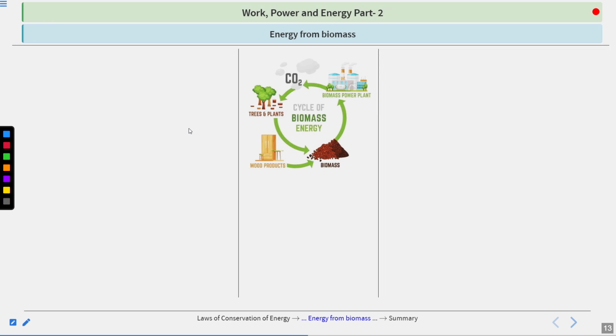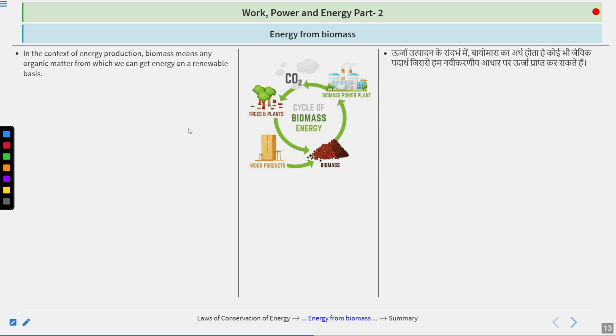Now, if we talk about the energy from biomass, how is it obtained? In the context of energy production, biomass means any organic matter from which we can get energy on a renewable basis. That is biomass energy. Wood is also a biomass fuel.